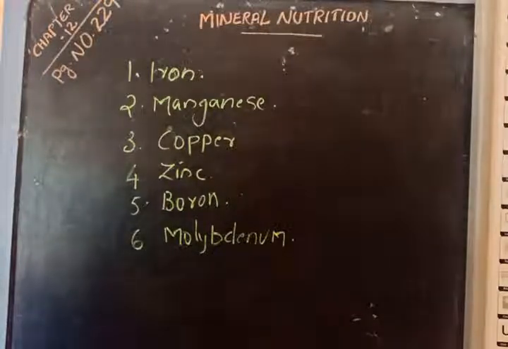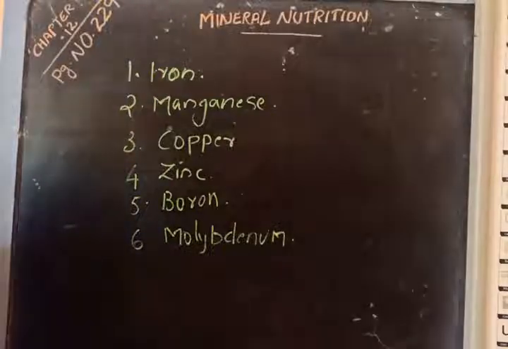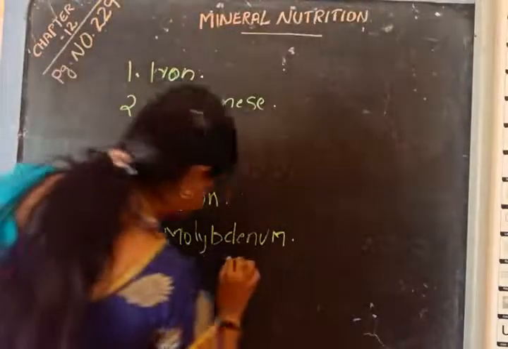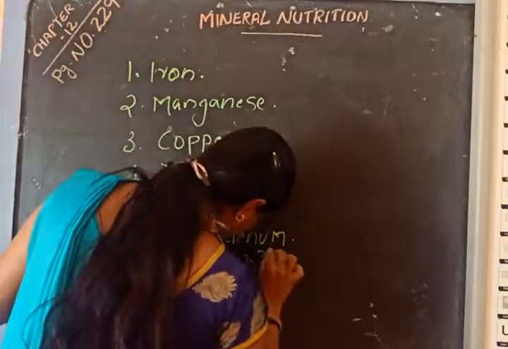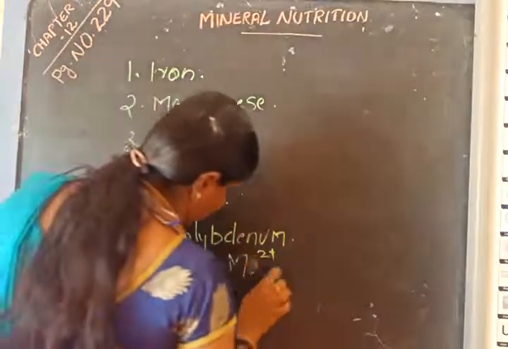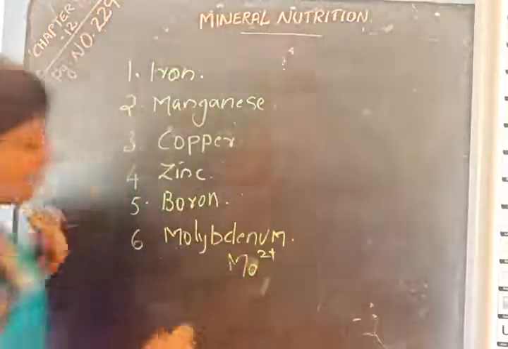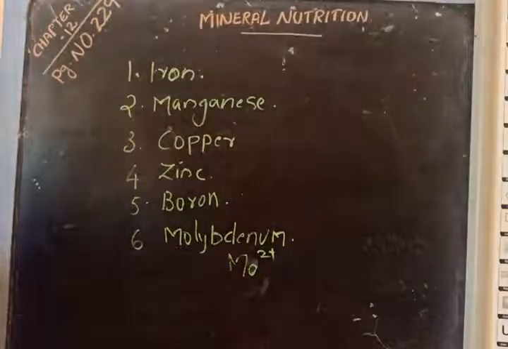Molybdenum is absorbed in the form of molybdate ions.